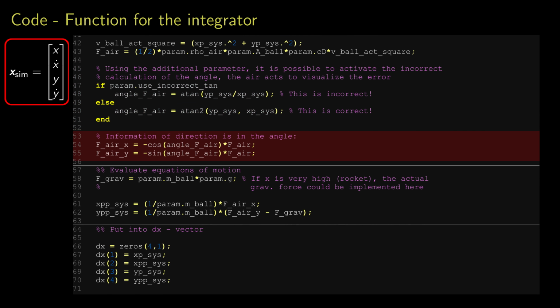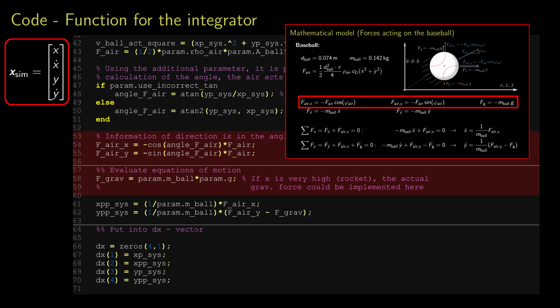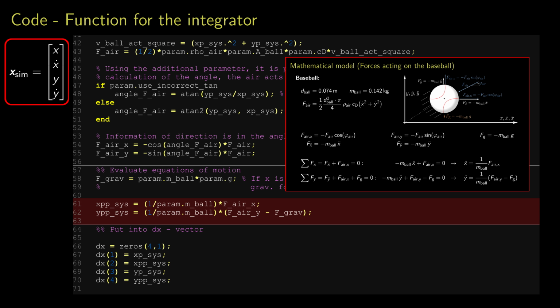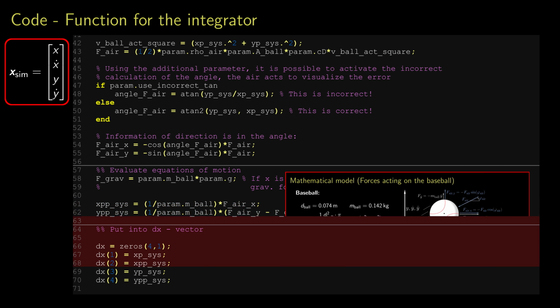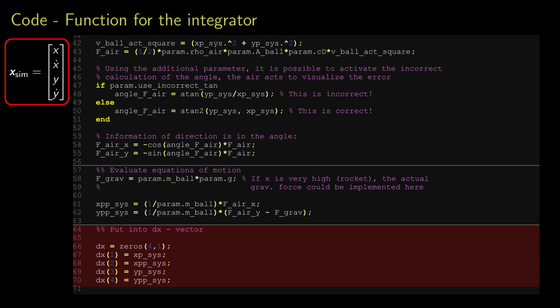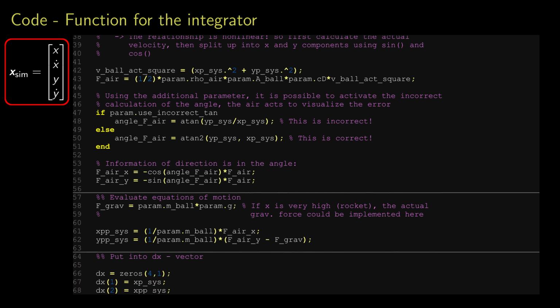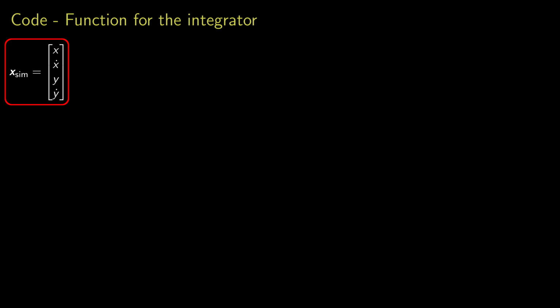Next, we calculate the x and y components of our air resistance force and the gravitational force with the equations shown previously, right here. In the last step, we calculate the accelerations and pass them back with our change of state vector. Now we are done with the function and continue with the main program.